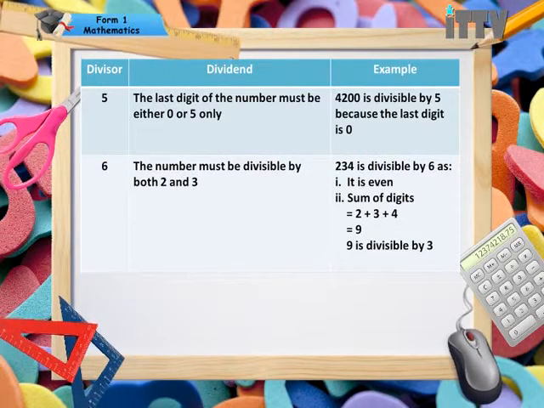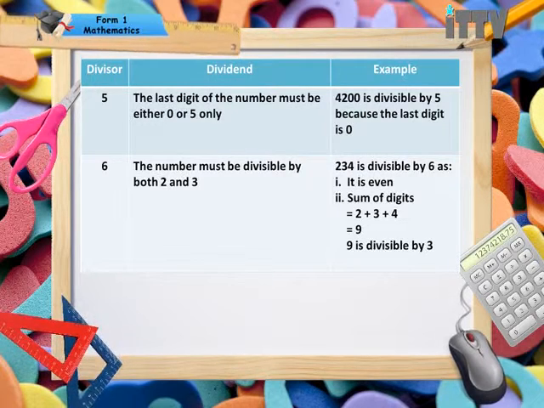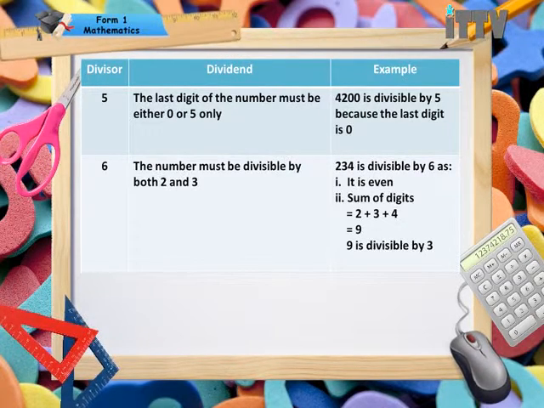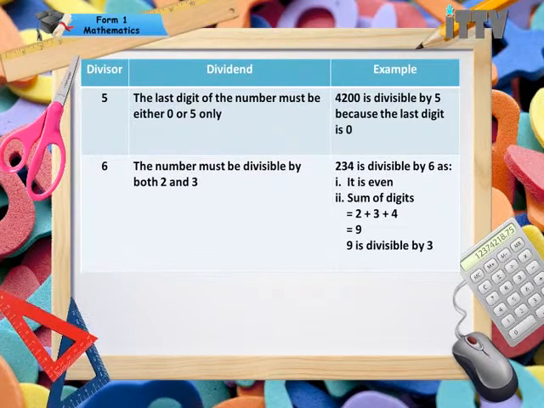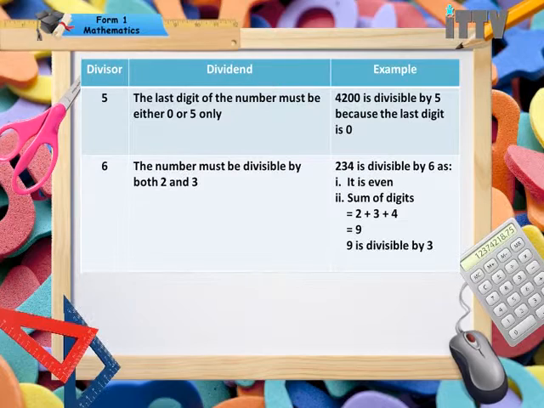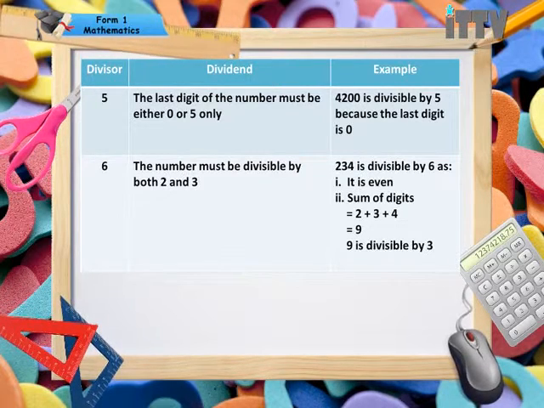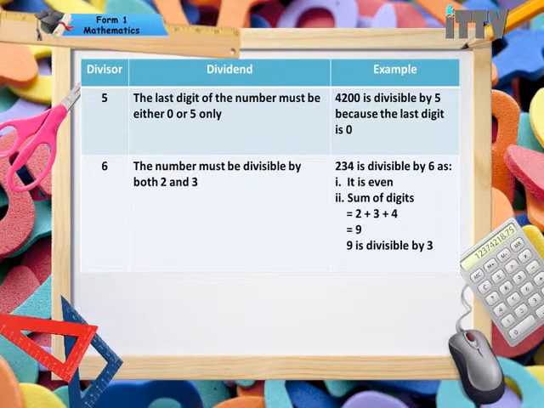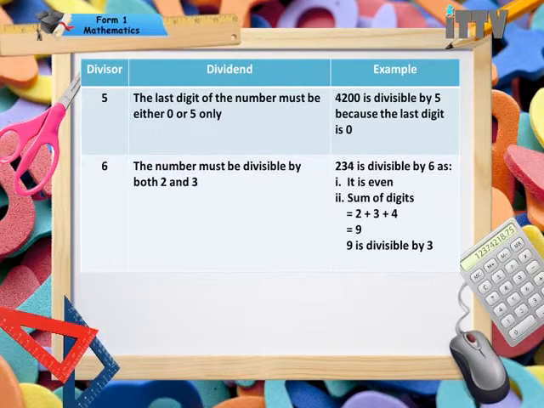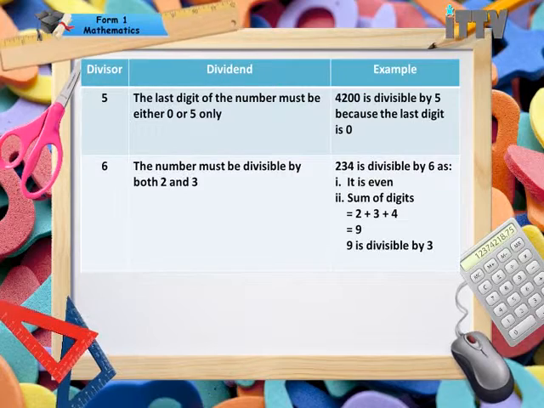The divisor 6. The number must be divisible by both 2 and 3. For example, 234 is divisible by 6 as first it is even, and then the sum of the digits 2 plus 3 plus 4 is 9, and we all know that 9 is divisible by 3.